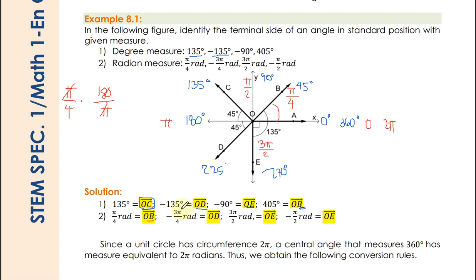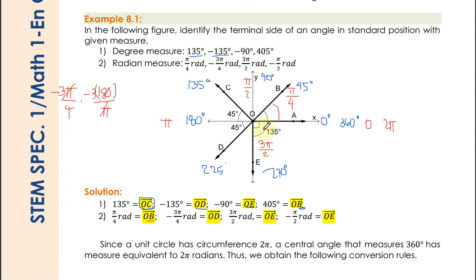Next is negative 3 pi over 4. So we just multiply by 3. So 3 times 180, then negative. So negative 3 times 180 divided by 4, that is negative 135. So negative angle, so that is in clockwise direction from your initial side.